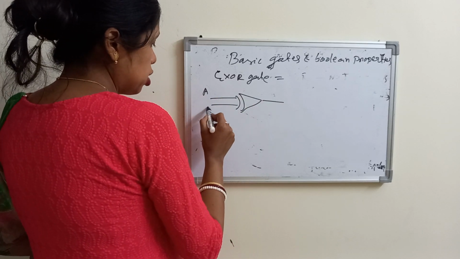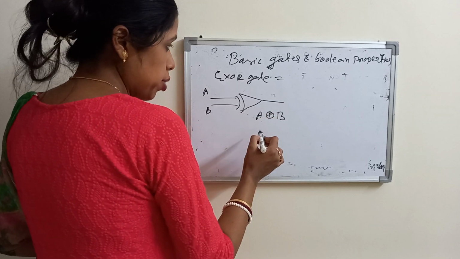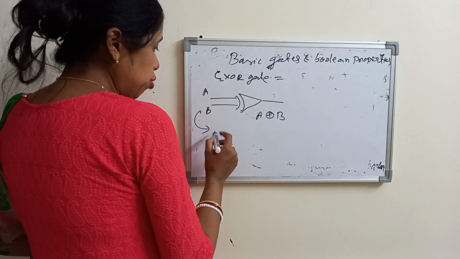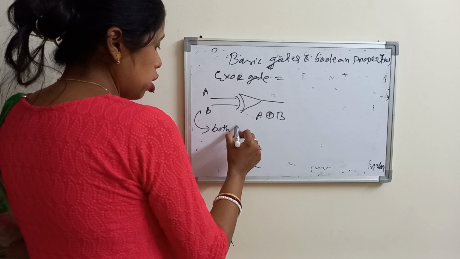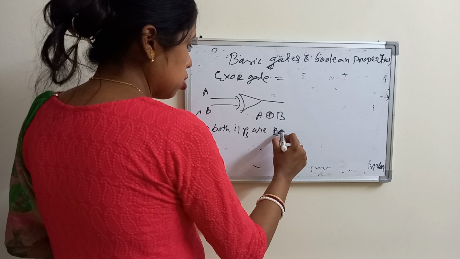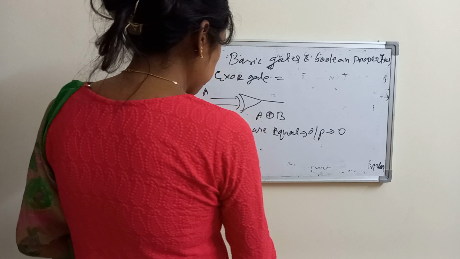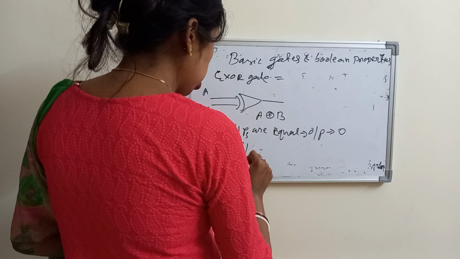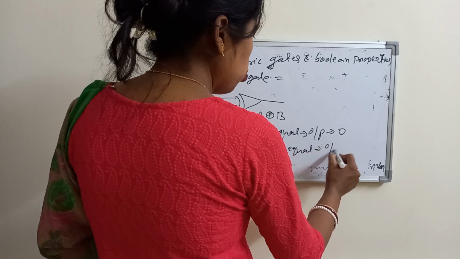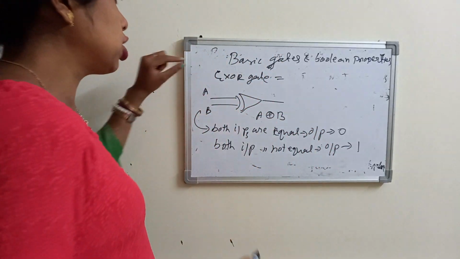If the inputs are A and B, the logical expression is A, a cross with a circle, B. What is the logic behind the XOR gate?